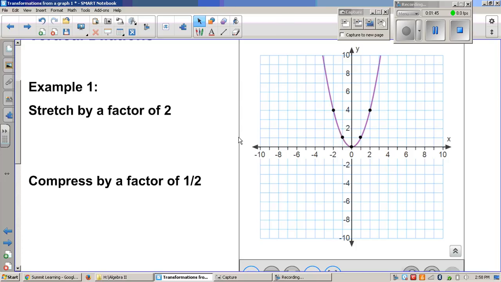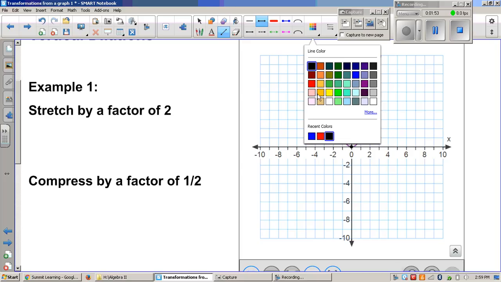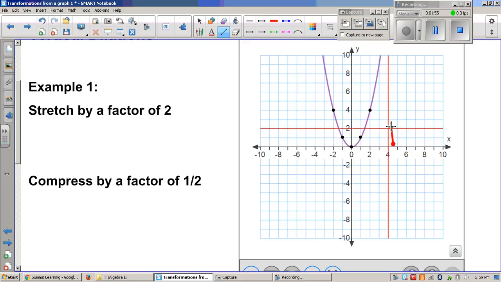So if I want to stretch by a factor of 2, stretching vertically, remember, changes things going up or down. So hopefully you'll remember, if I'm stretching or compressing vertically, that's going to change the vertical components of my graph.